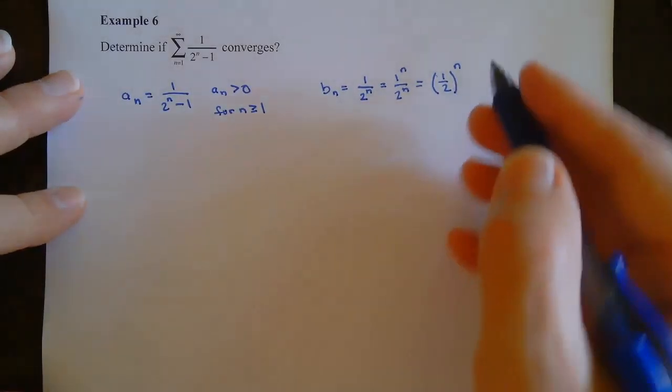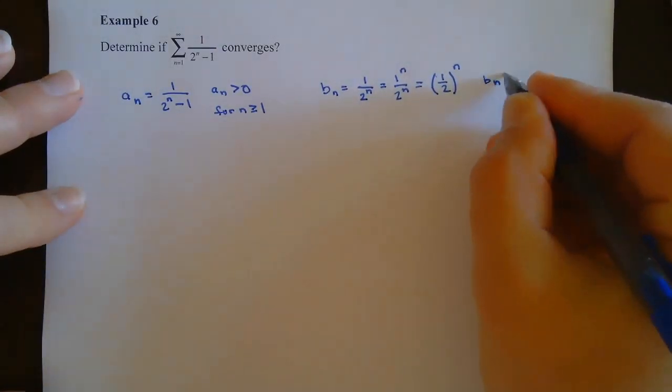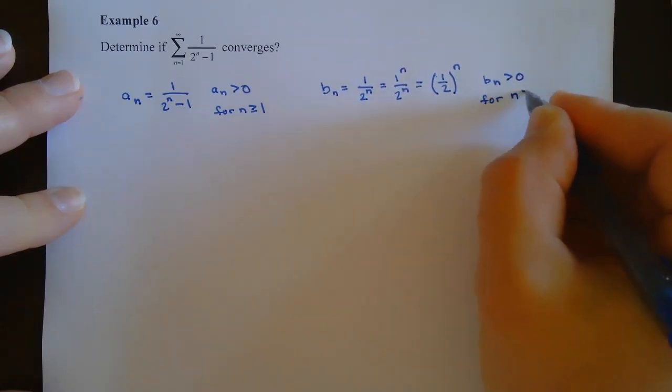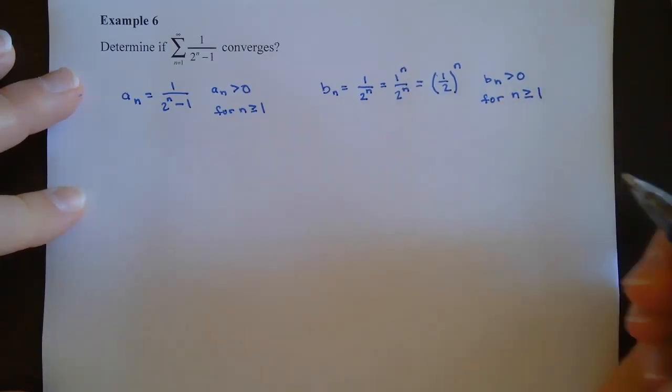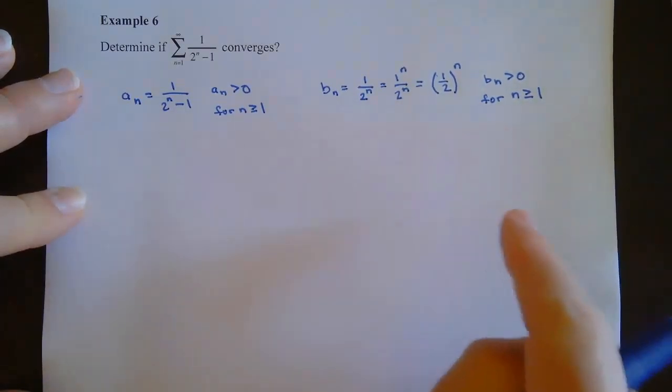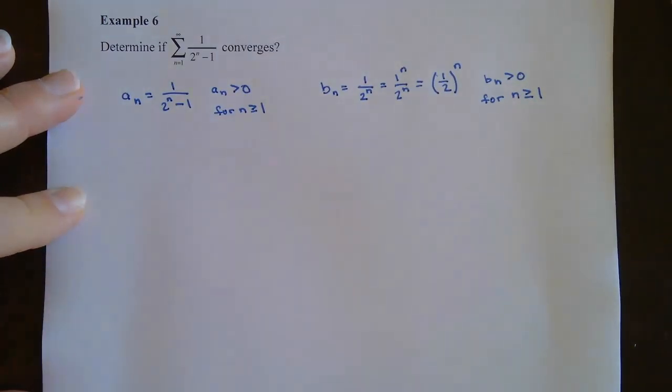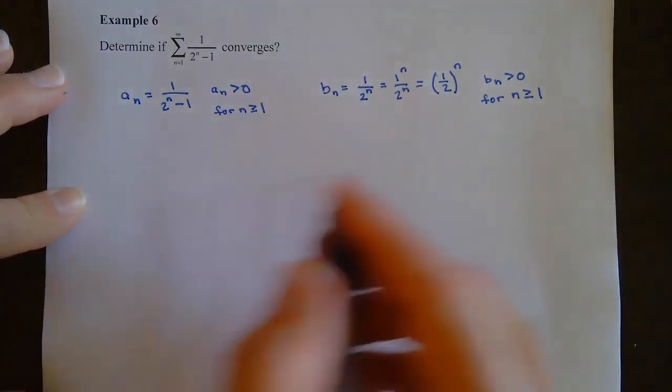We also know that b sub n is greater than 0 for n greater than or equal to 1. So for both of these, the terms are all going to be positive. And what do we know about this one?